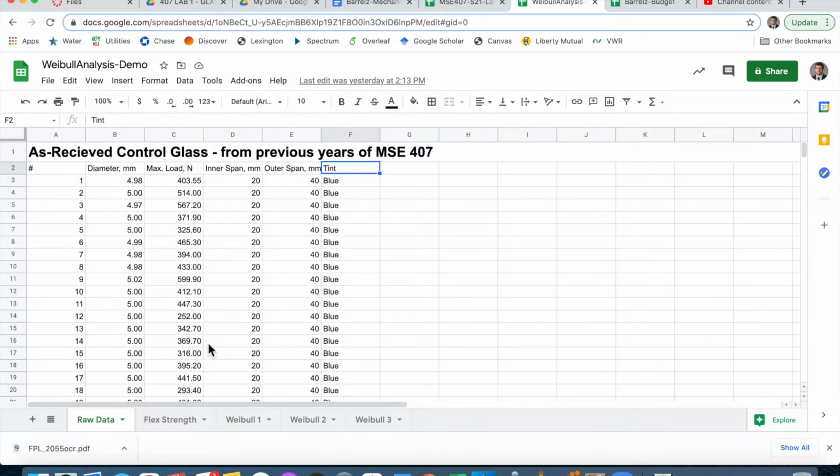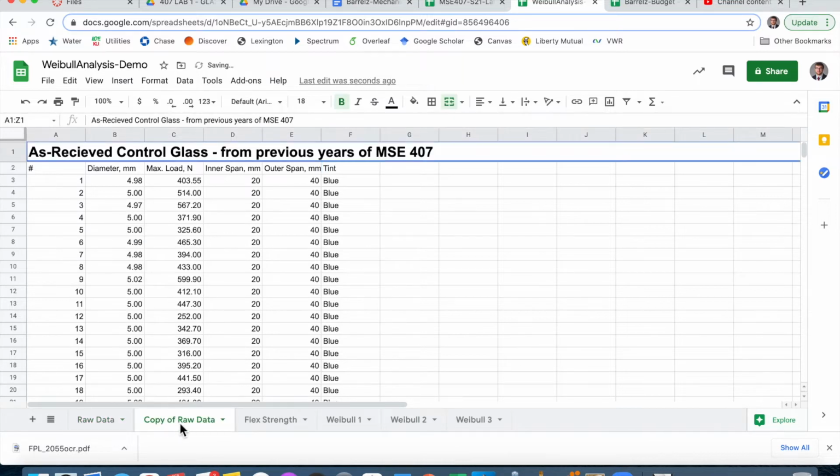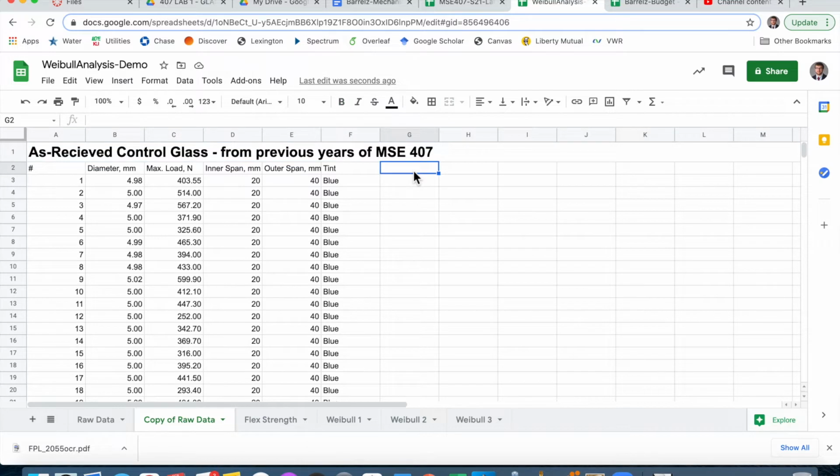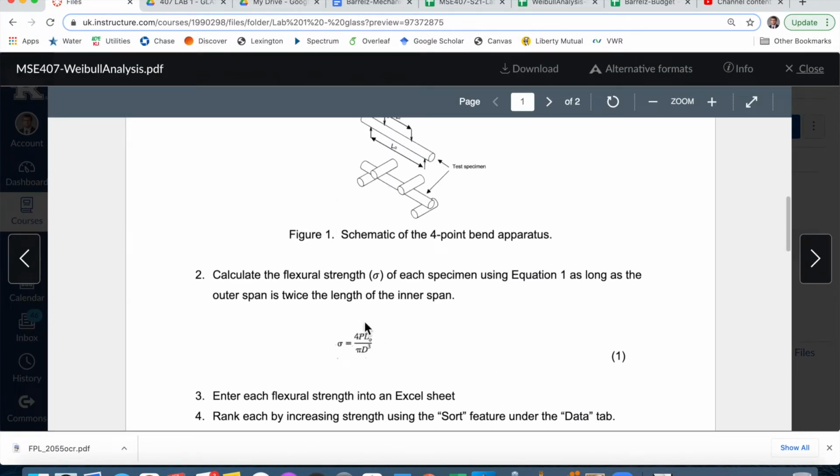And so I'm going to start with, let me go ahead and copy this for us. All right. So the first thing I want to do is use that expression up top here to calculate the flexural strength.